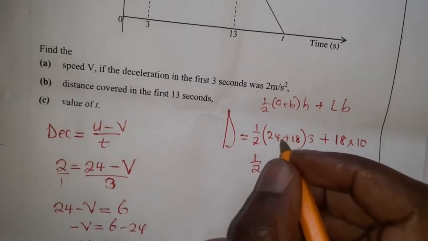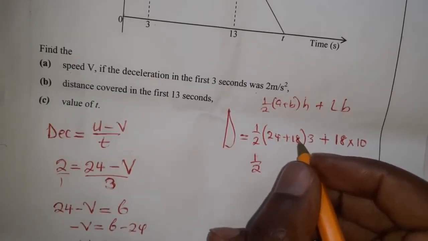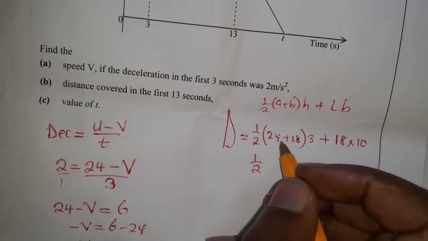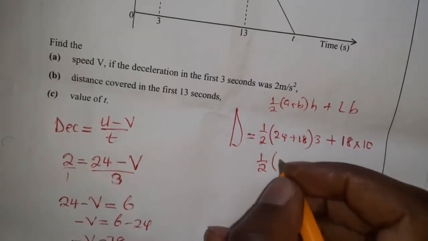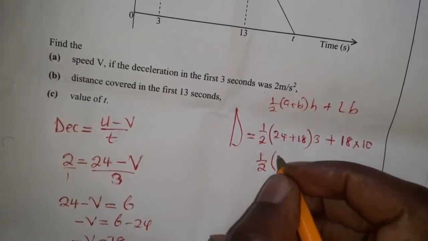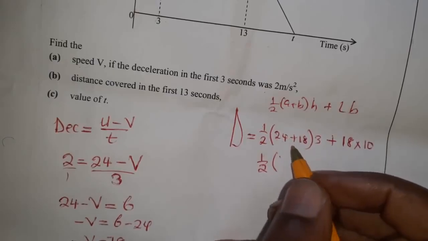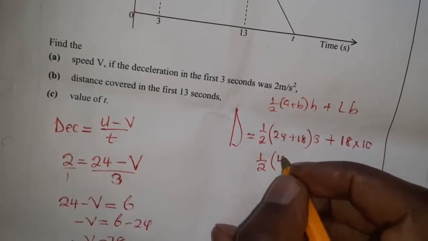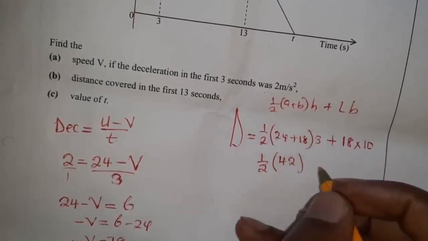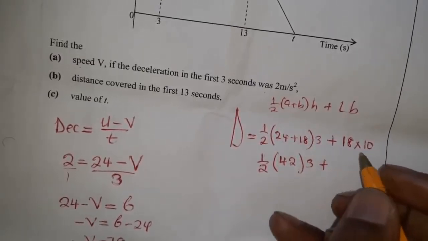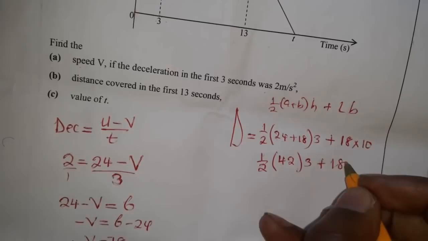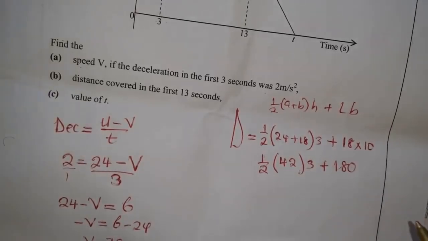What do we get? This is going to give us 42, times 3, plus 180 here.